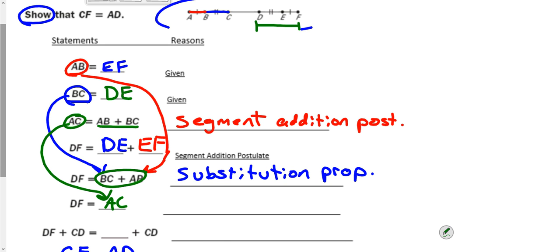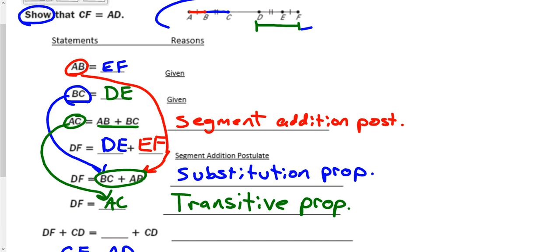Or if a equals b and b equals c, then a equals c. That's what we're saying. That's the transitive property.